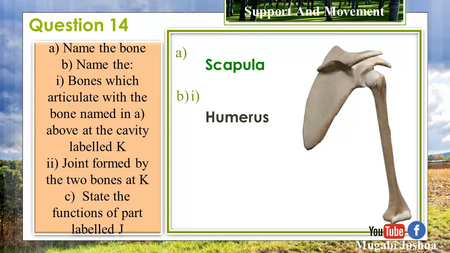Humerus is the bone that articulates with the scapula at that cavity labeled K.